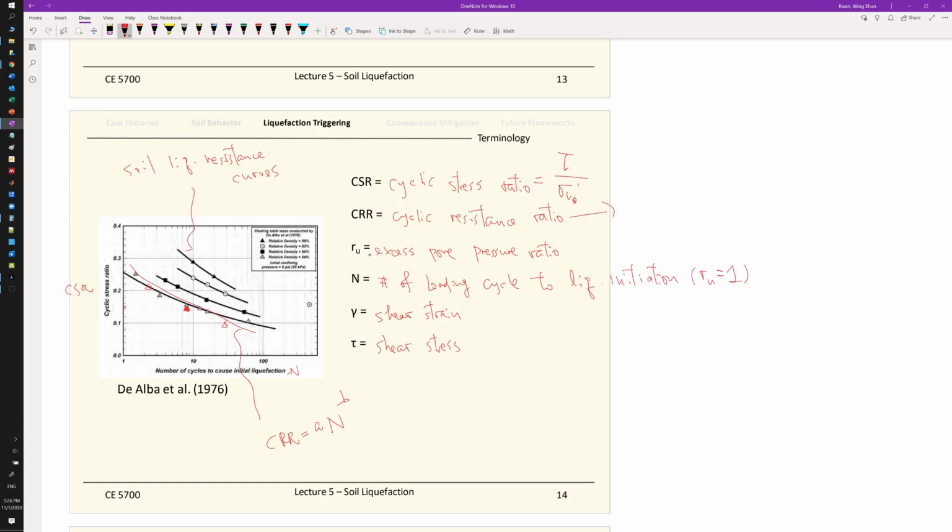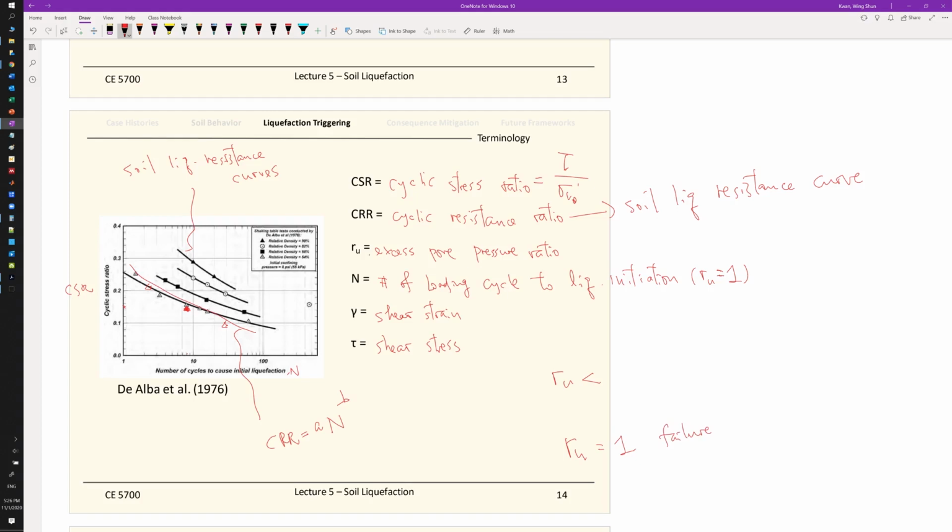So with this one, you think about soil liquefaction and the excess pore pressure ratio, where RU equal to 1 is failure.